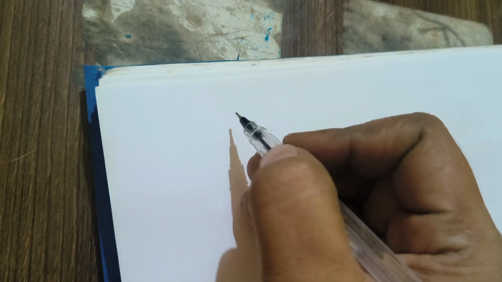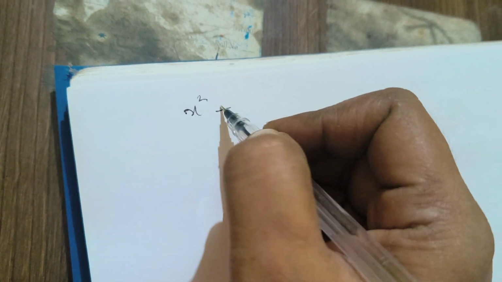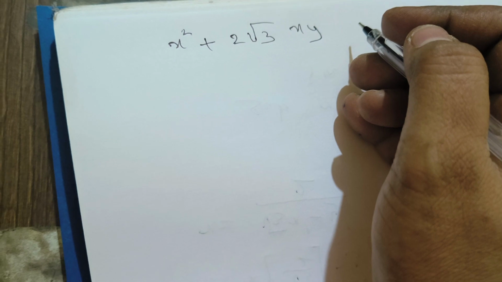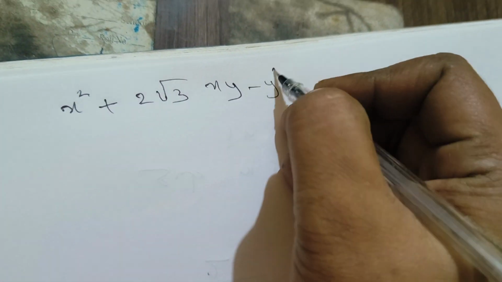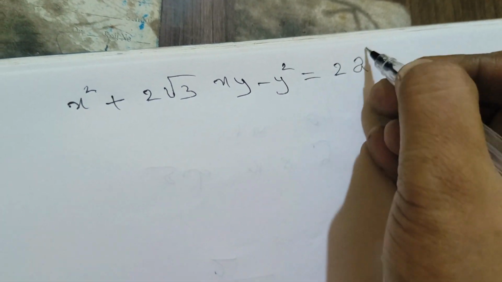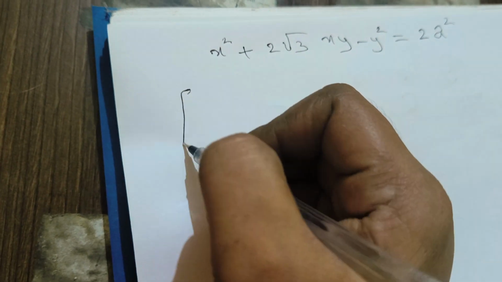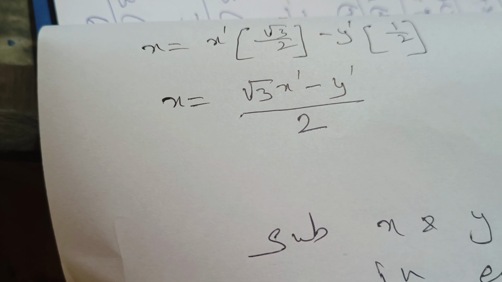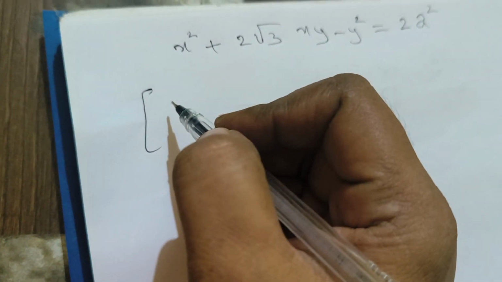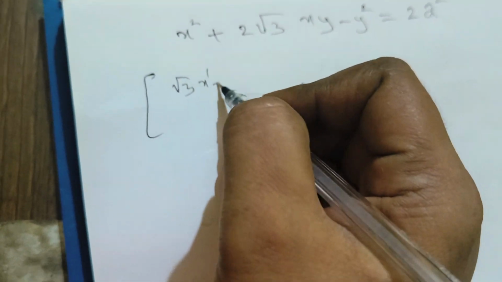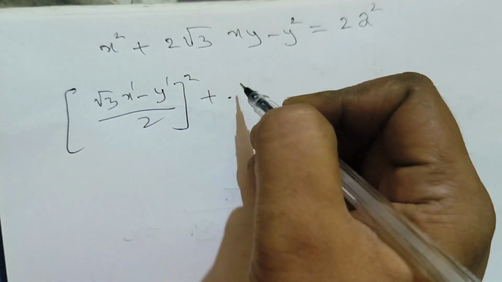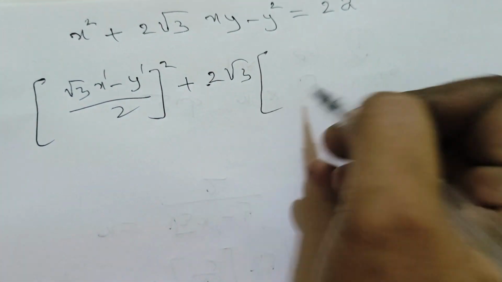Our equation 1 is x square plus 2 root 3 xy minus y square is equal to 2a square. For x square, we substitute root 3 x dash minus y dash by 2, whole square, plus 2 root 3, keep as it is.